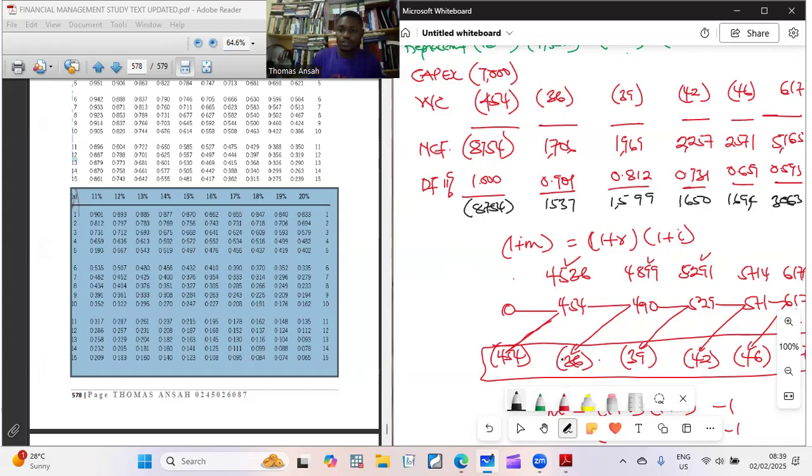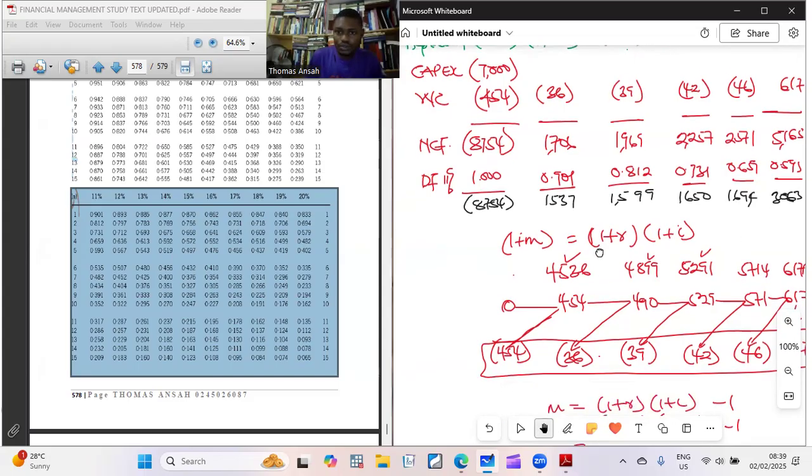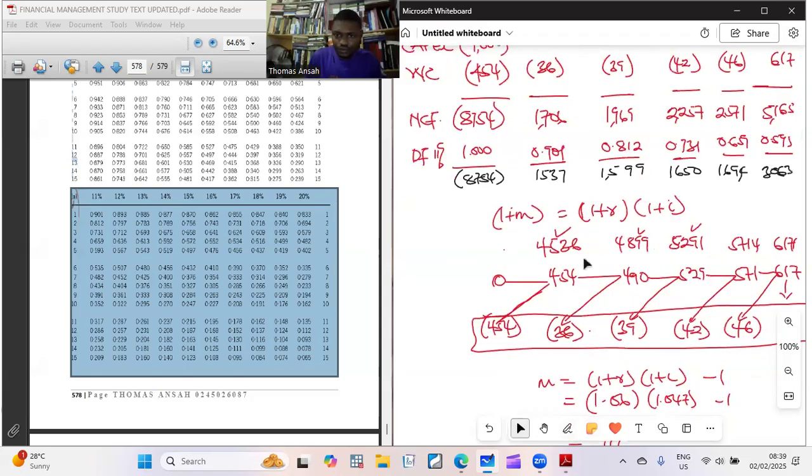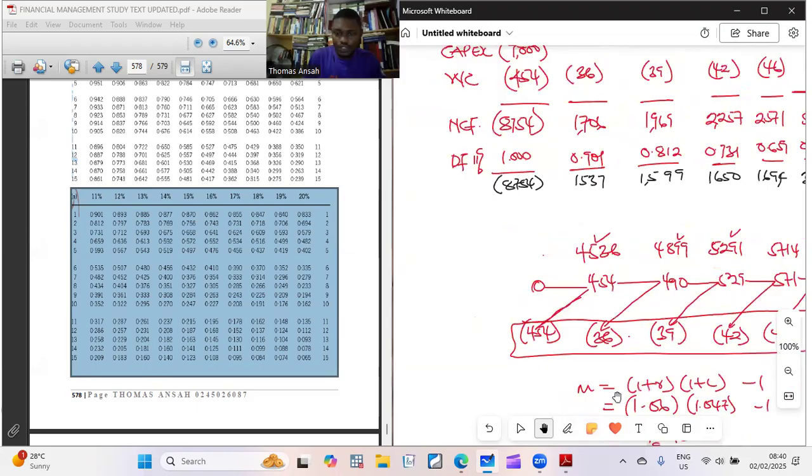All right. So if I now do the combination, let me take this one out here so that I can get my space. So if I now do the summation, these are the PVs anyway.